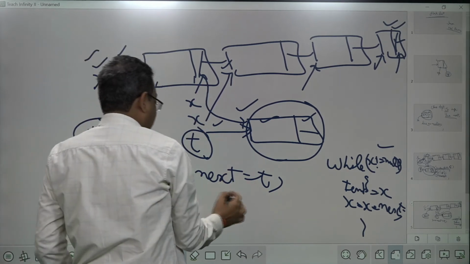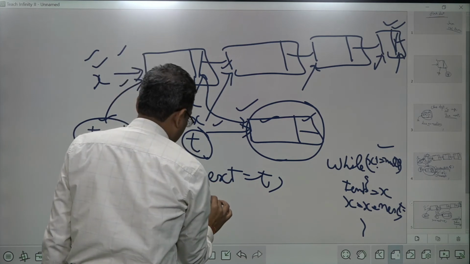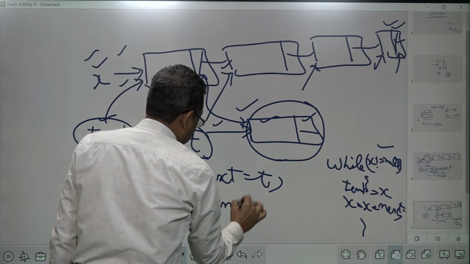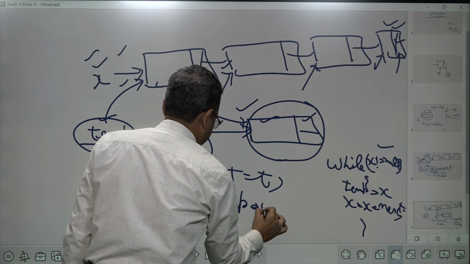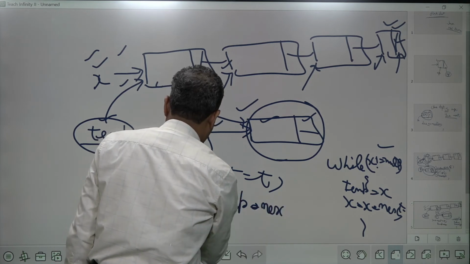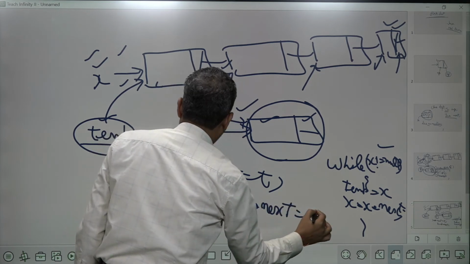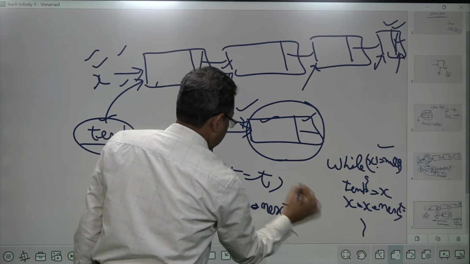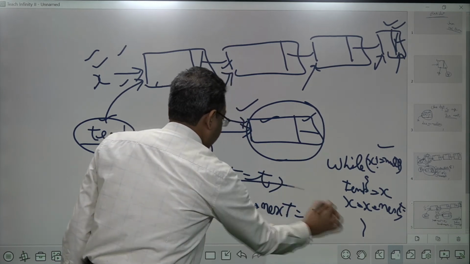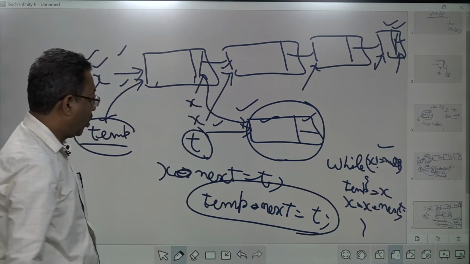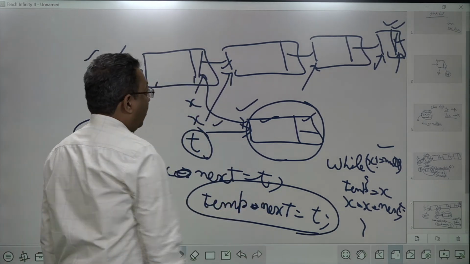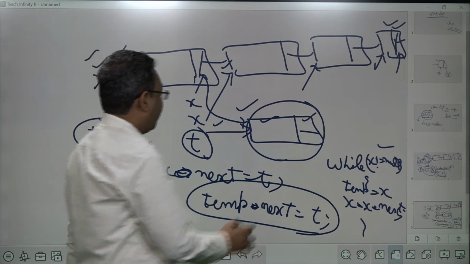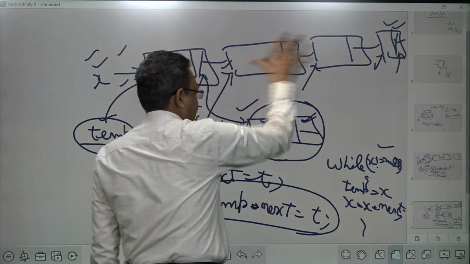Right. So we can easily use this statement, temp dot next is equal to t, right? No need to make the modification here, just insert it at the end.